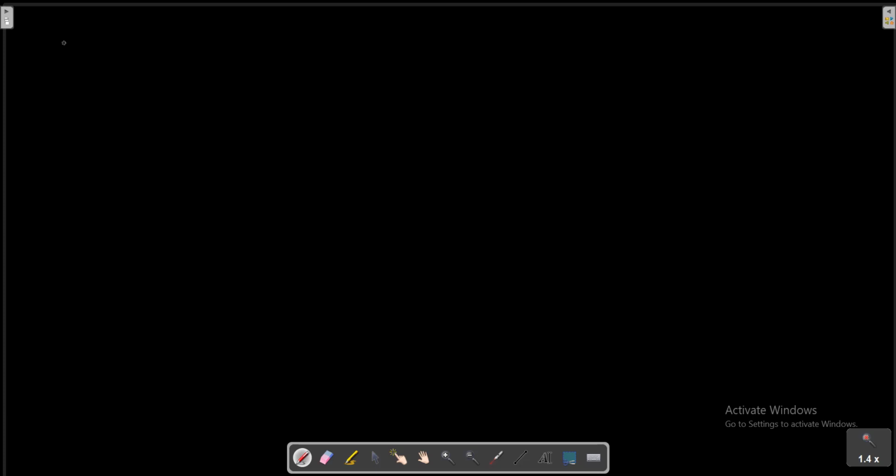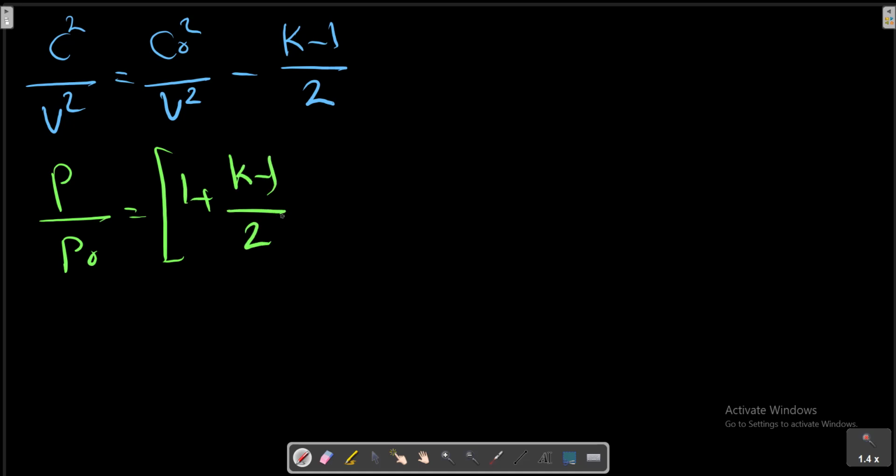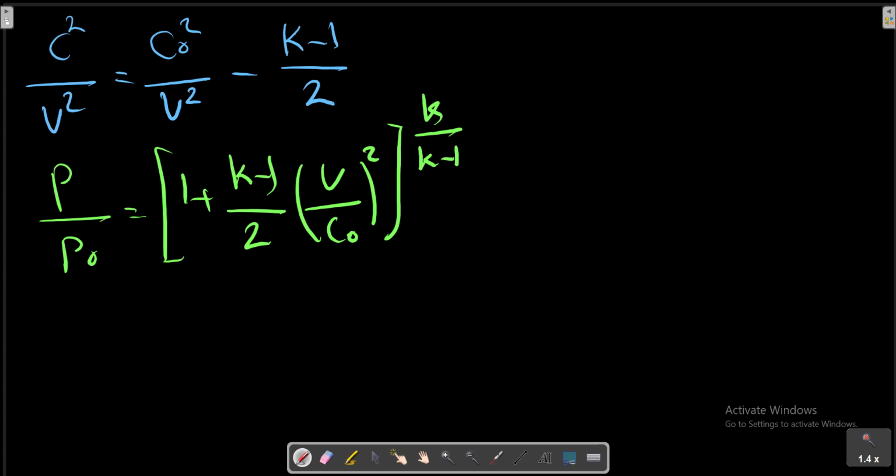Or we can write this relation, V squared. Substituting into the previous equation, we can write this relation, and P0, P on P0.